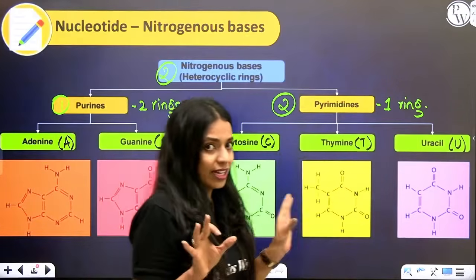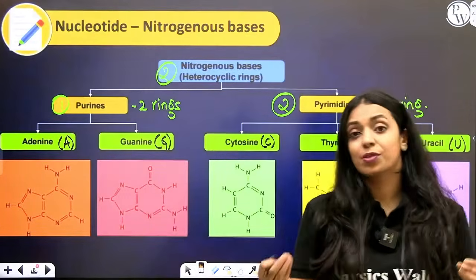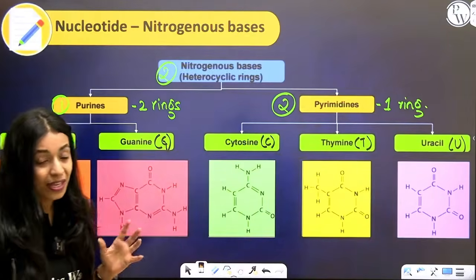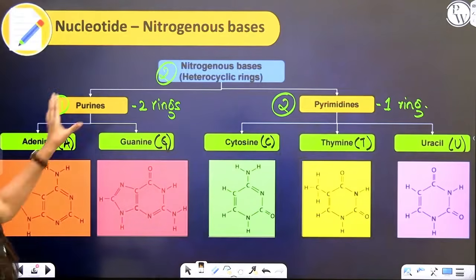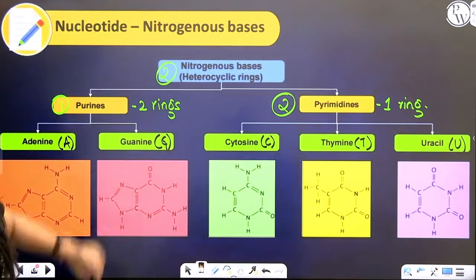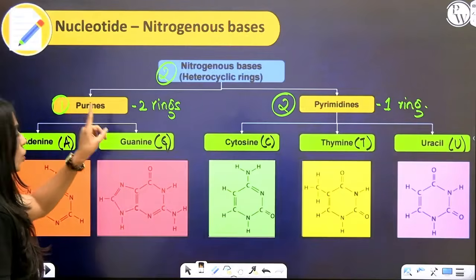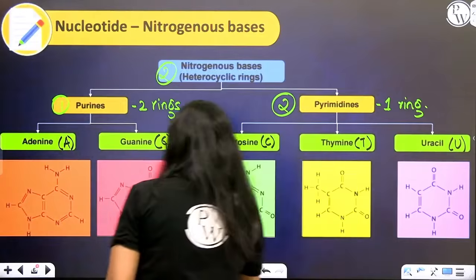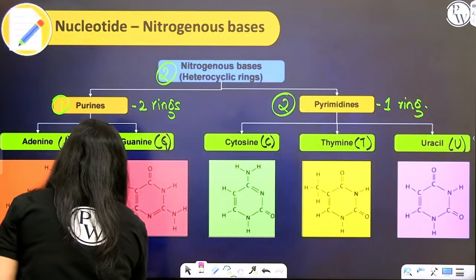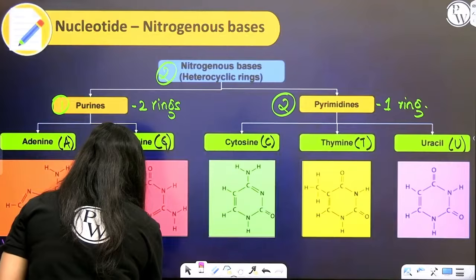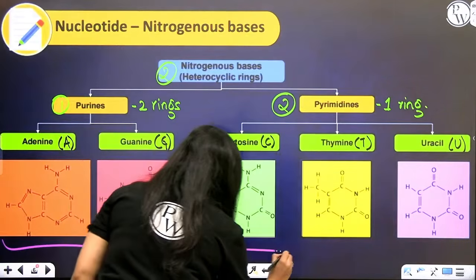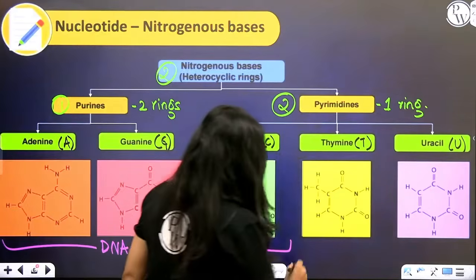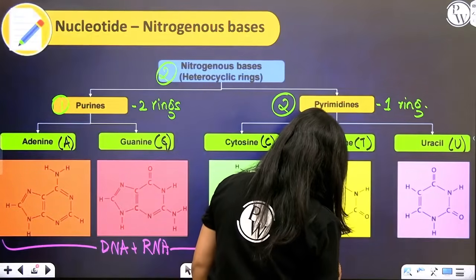We are talking about both DNA and RNA, and I already told you the difference with respect to the pentose sugar. Even in the nitrogenous bases, you can find differences between DNA and RNA. Adenine, guanine, cytosine: all of these are found both in DNA as well as RNA. These three are common to both. Thymine is found only in DNA.